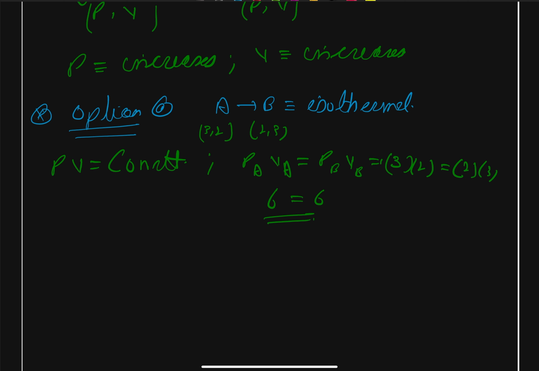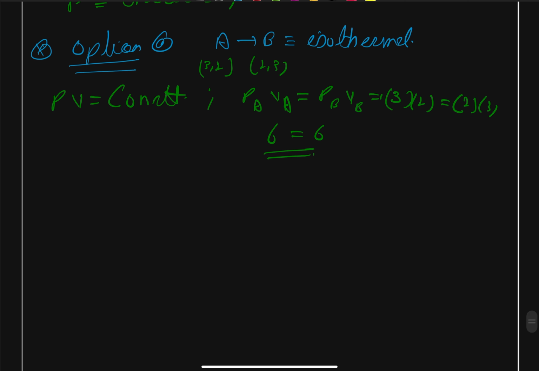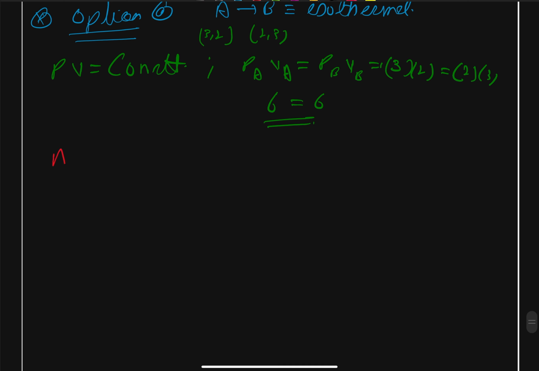So this could be isothermal, but we have to also check by using the semicircular option. So we can say A to B could be isothermal.